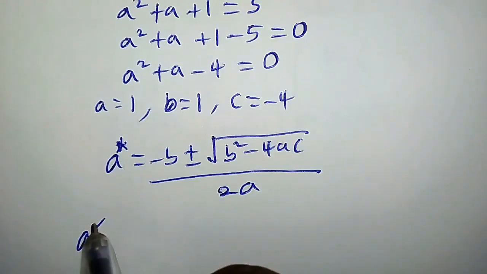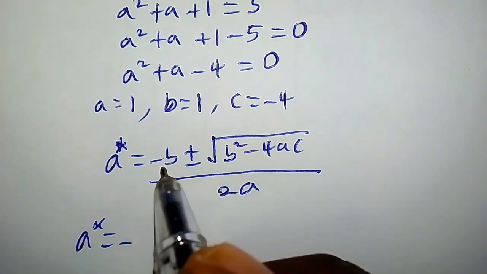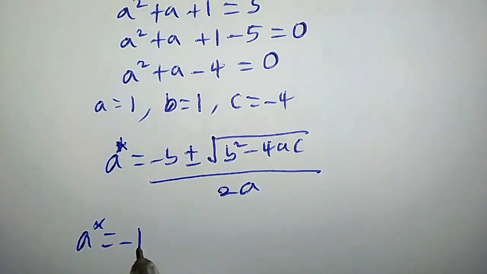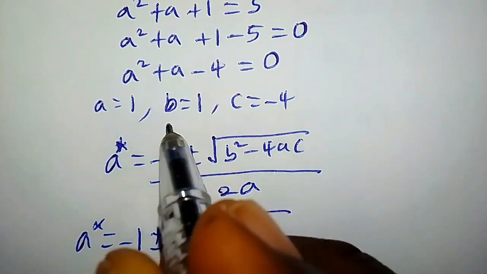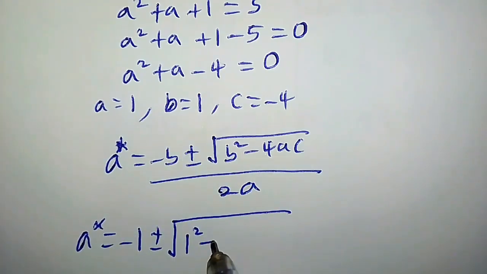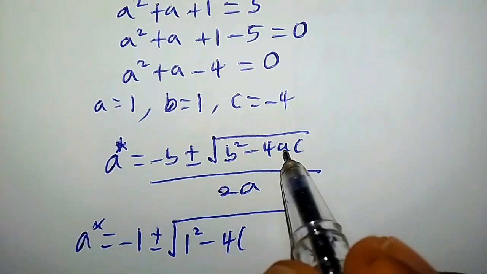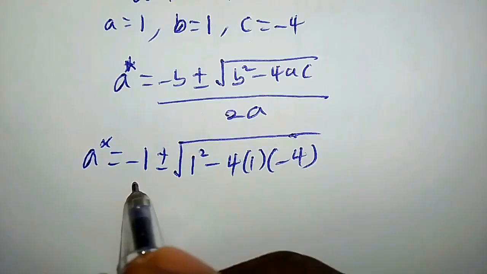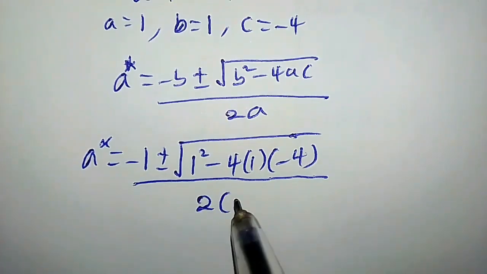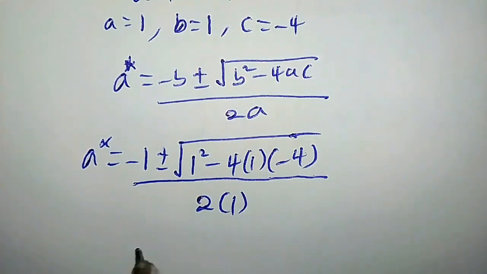So A star is equal to minus, what is B? B is 1, plus or minus square root of 1 squared minus 4 times A, which is 1, times C, which is negative 4, all over 2 times our A, that is 1.